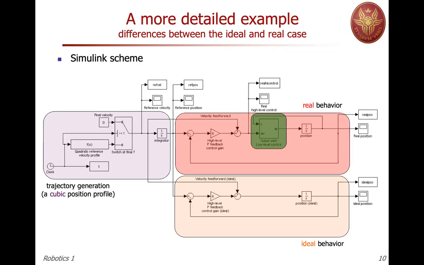We plan things as if the low-level controller is ideal, which is the lower block in this simulation diagram. The upper block is, in fact, the real behavior with the same kinematic controller, and internally the green block is the robot, in this case a simple pendulum with its own dynamics, so with inertia, gravity, if needed friction, and so on.